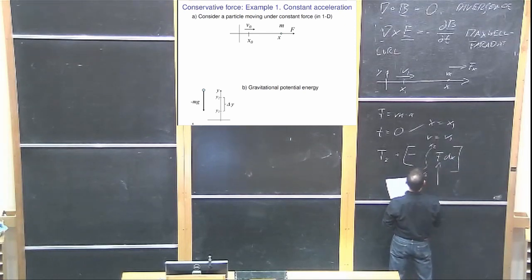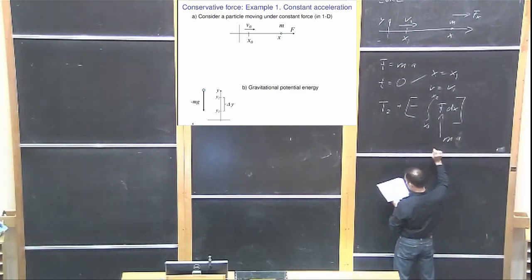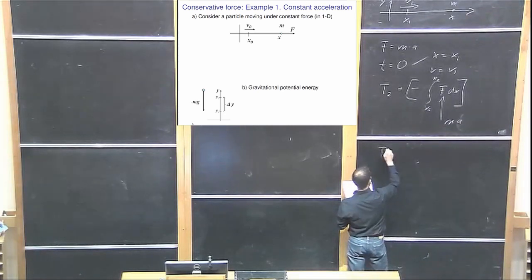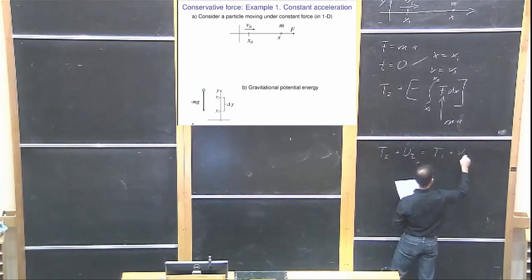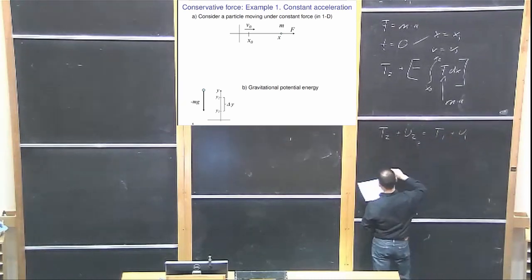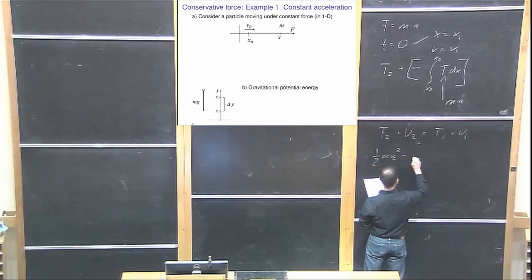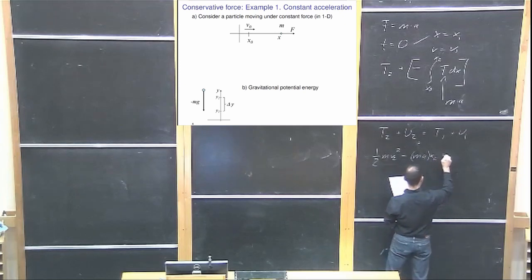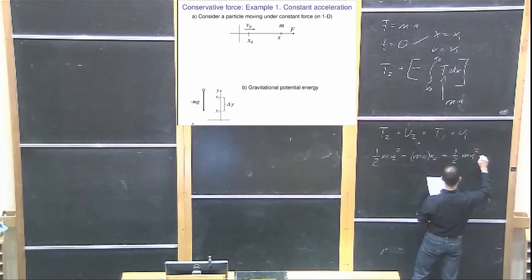F we have up there m times a, and if we write that out in T2 plus U2 equals T1 plus U1, plug that in, we get 1/2 mv2 squared minus ma x2 equals 1/2 mv1 squared minus ma x1.